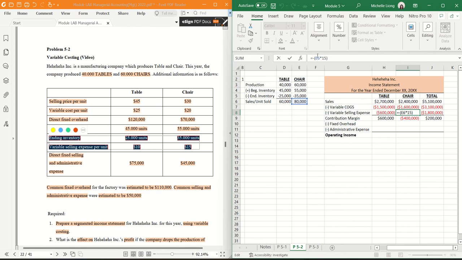Wait, variable expense per unit. Per unit is 15 for a chair. Yep, make no mistakes.